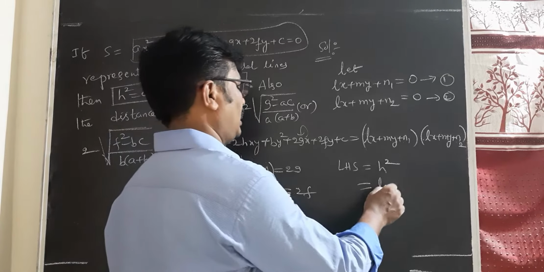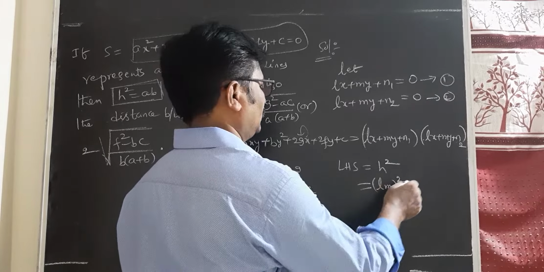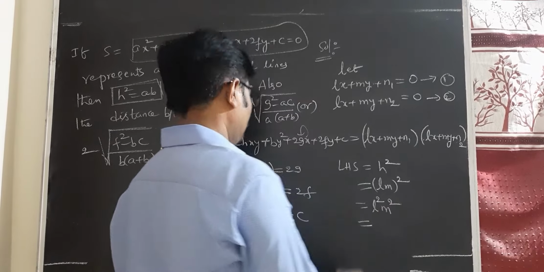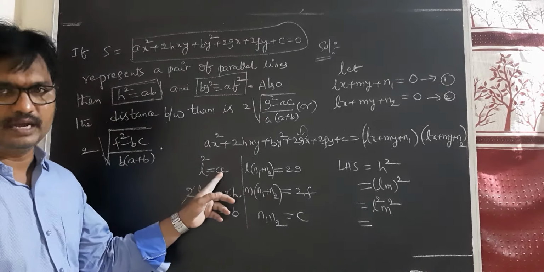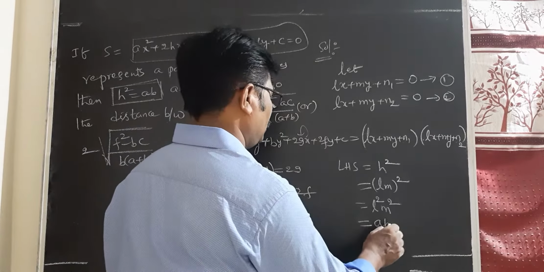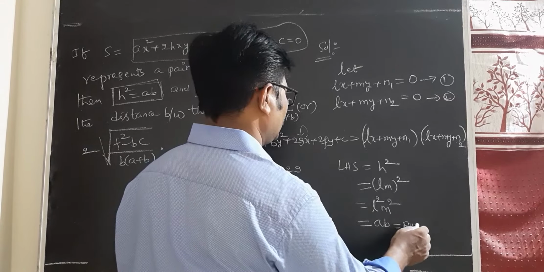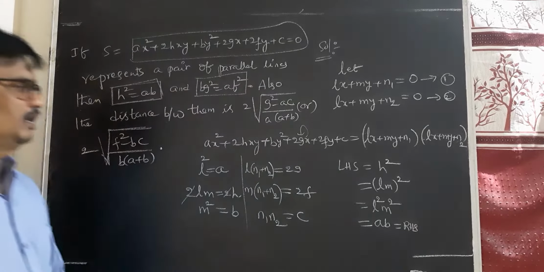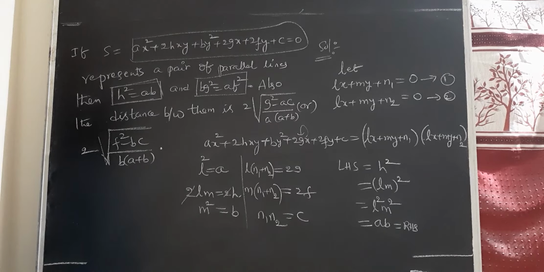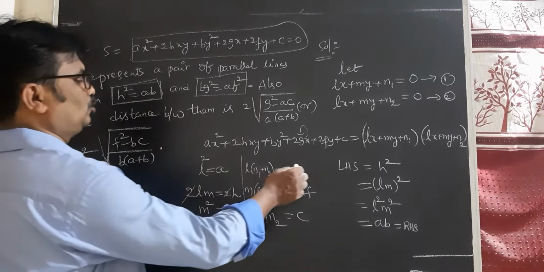H square is lm whole square. This is l square m square. L square is, we know, small a. M square is small b. This is a into b. So students, this is the right hand side. The h square equal to ab. First proof is completed.